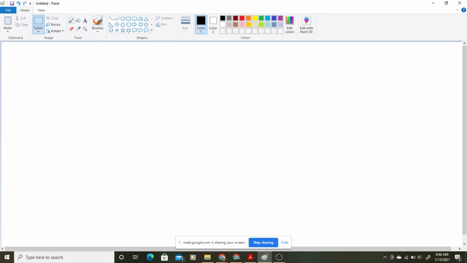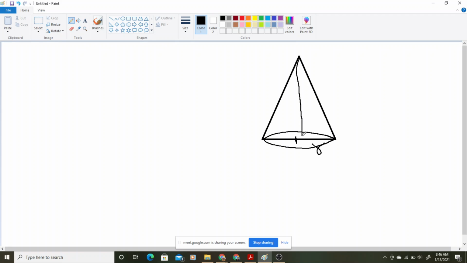Simple question I am taking first. Suppose I am given a cone. It has radius r and this is the height h. The radius is 7 centimeter and height is 20 centimeter. Can you find the volume of the cone?